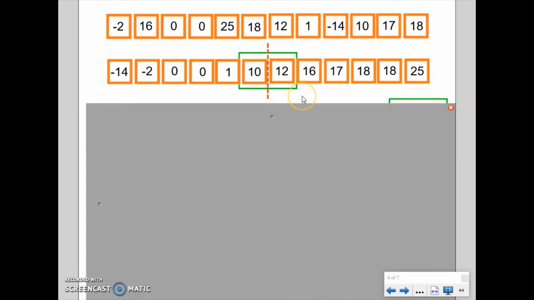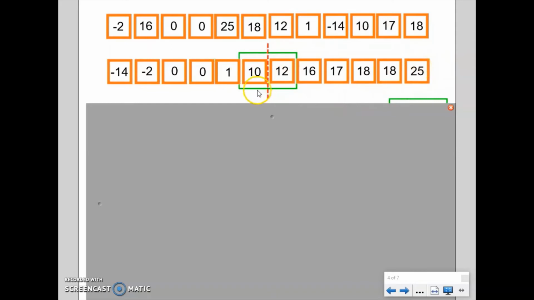But this now slightly changes our method for finding Q1 and Q3. Because I didn't find a true middle number, this 10 is going to be included in this data set to the left-hand side when I go to find Q1. And this 12 is going to be included in this data set when I work out Q3.